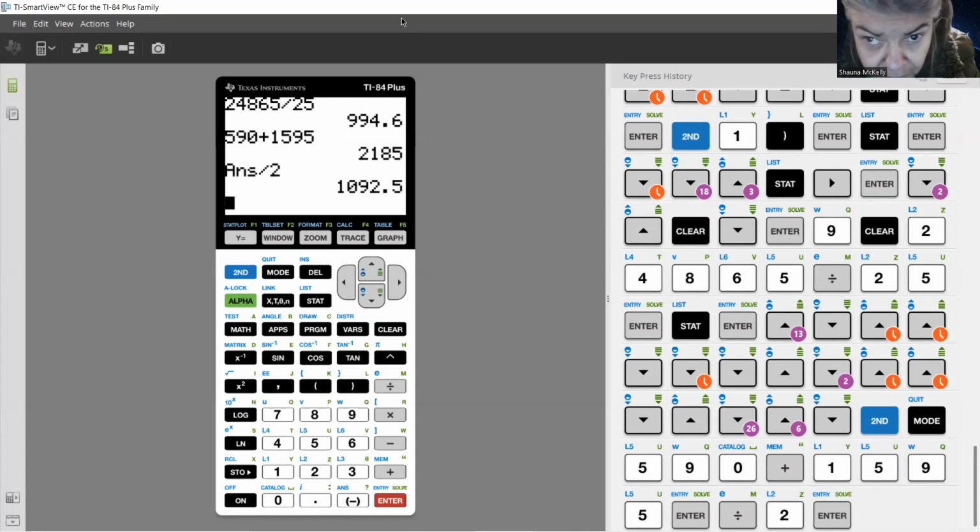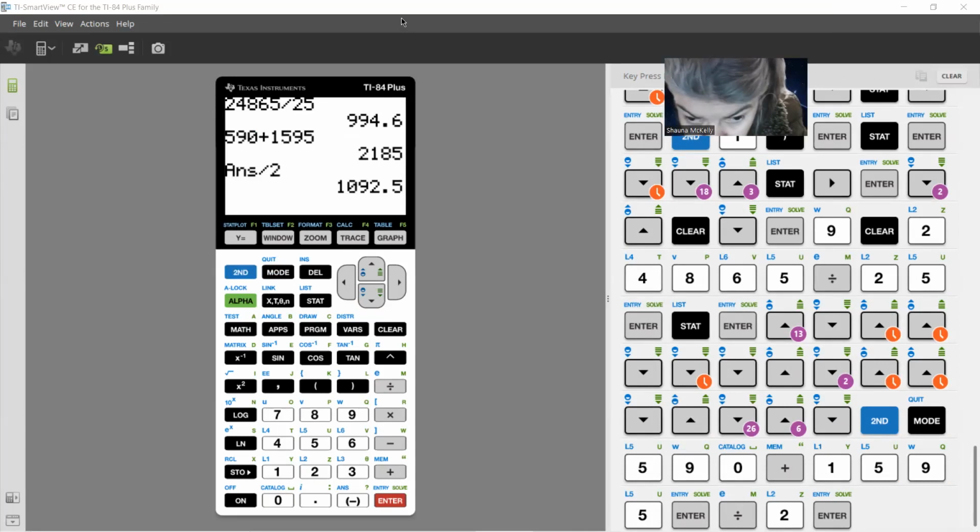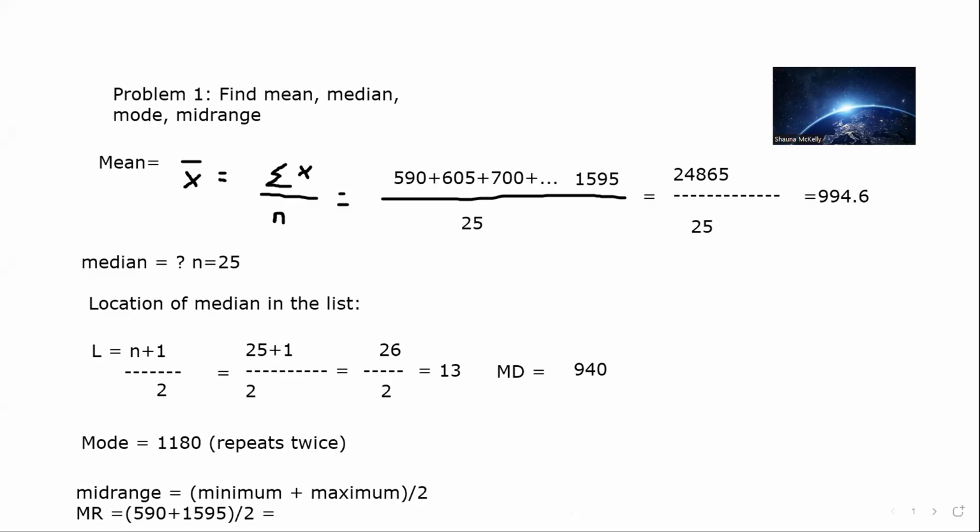Now, this is 1092.5. So this is equal to 1092.5. And that's our mid-range. Okay, so that completes this problem.